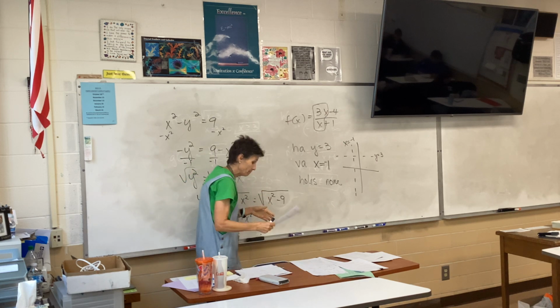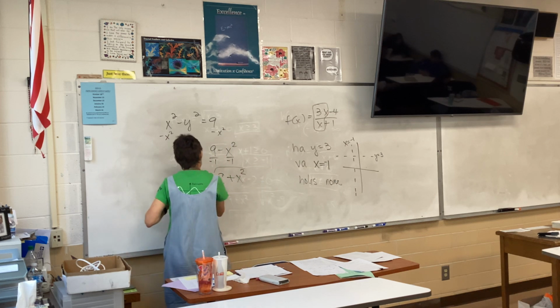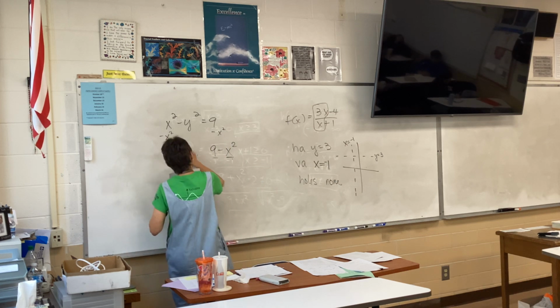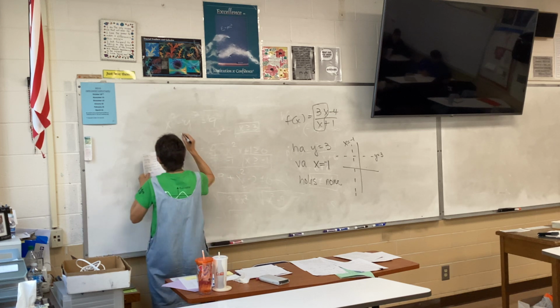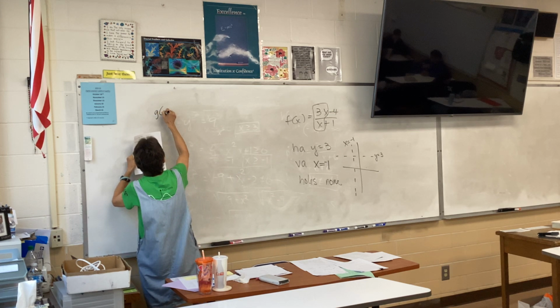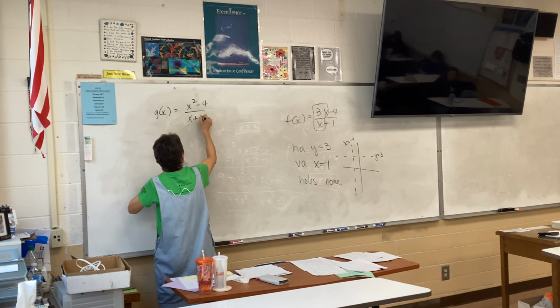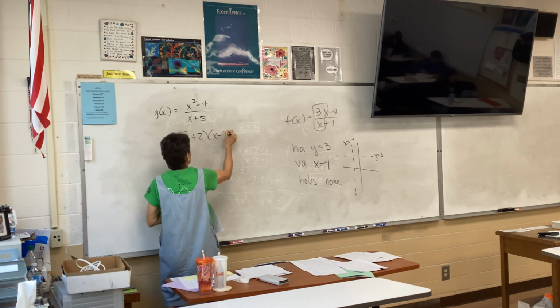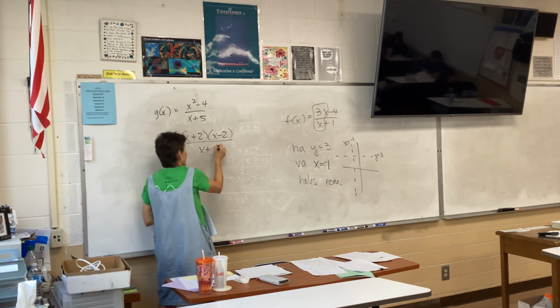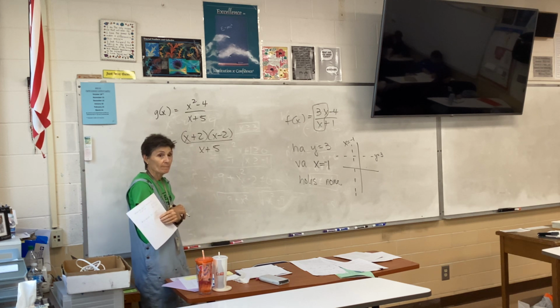All right, let's look at B. Same question. How are we gonna start B now? We're gonna do something a little bit different, I think. Factor. We're gonna start by factoring it. And how does it factor? X plus 2, x minus 2, over x plus 5. Is that right?